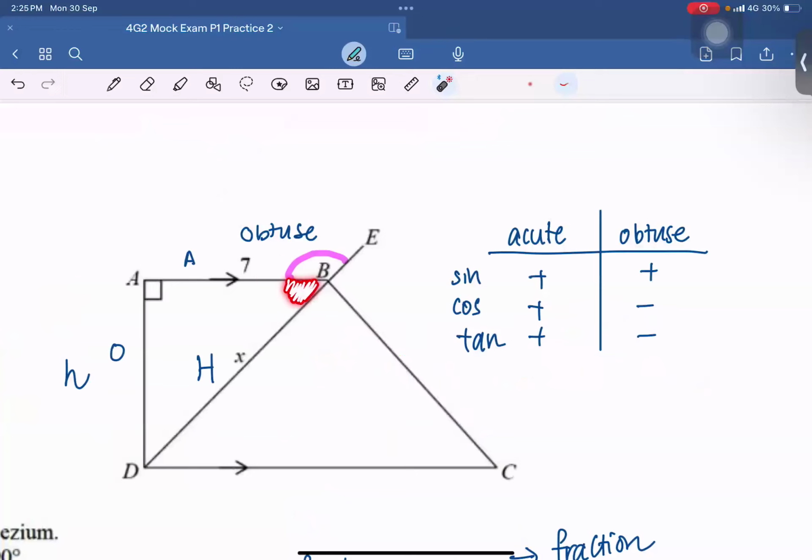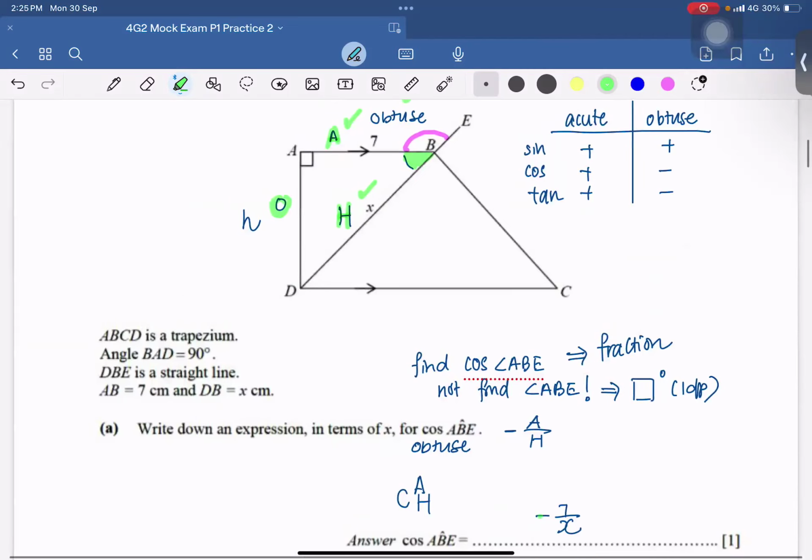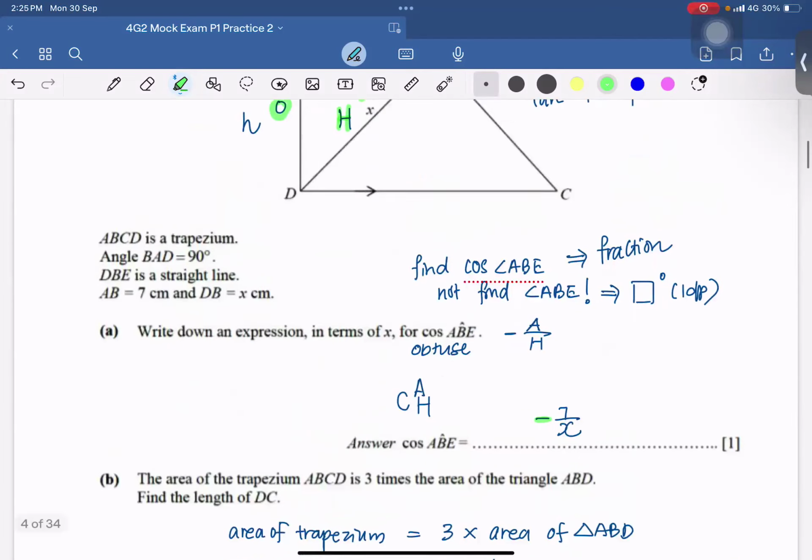So we're going to find from the other side of the triangle over here. So if this is my other side of the triangle, this is my angle here. I'm going to look for my opposite, adjacent, and the hypotenuse. So CAH, that will give me 7 over X. But obtuse, so we need to add a negative. So it would be negative adjacent over hypotenuse, negative 7 over X.